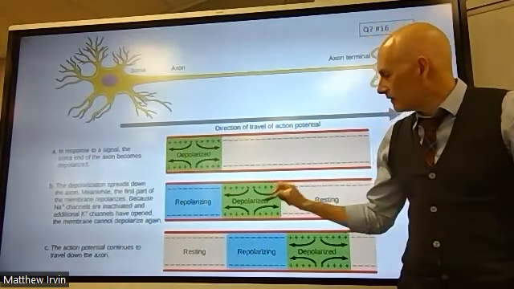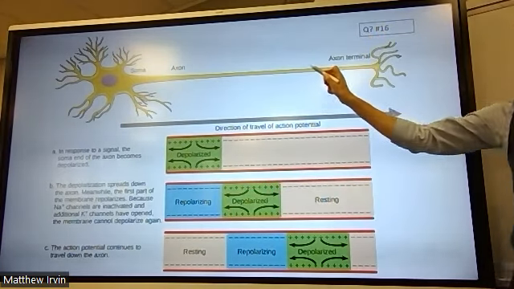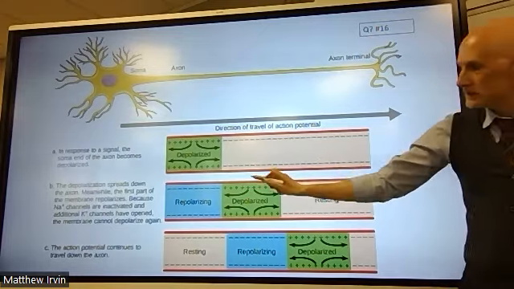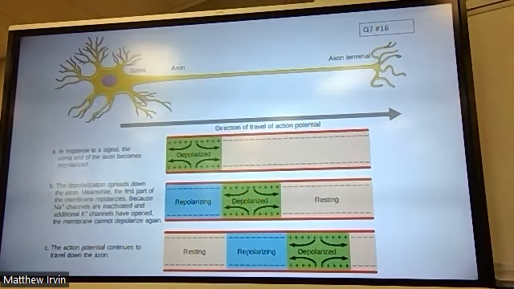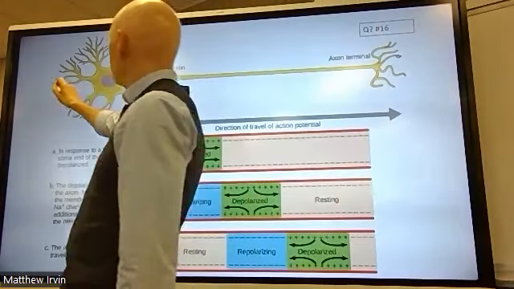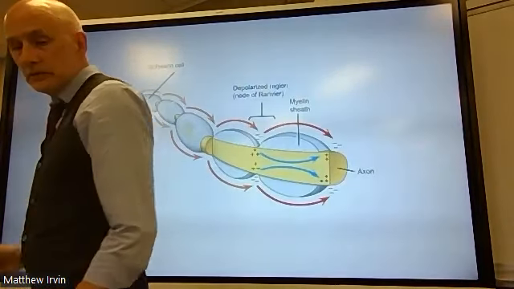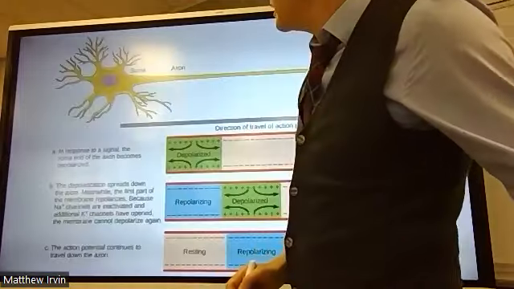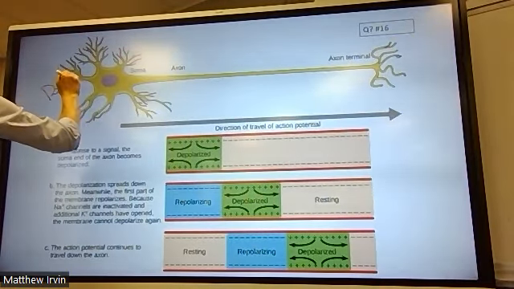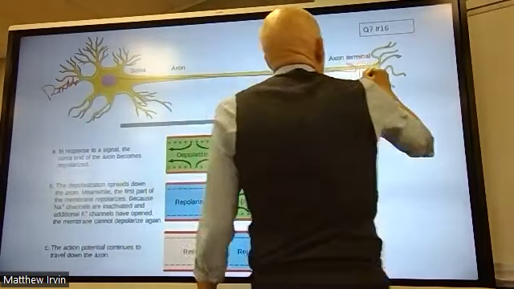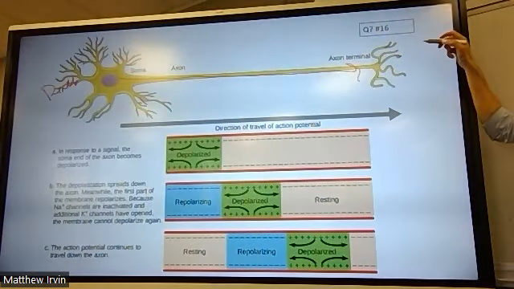And then after that continues down the whole axon of the neuron, it starts repolarizing and resting. And so then that'll travel the whole way down the neuron from your dendrites up here, triggering the whole way down to your axons.